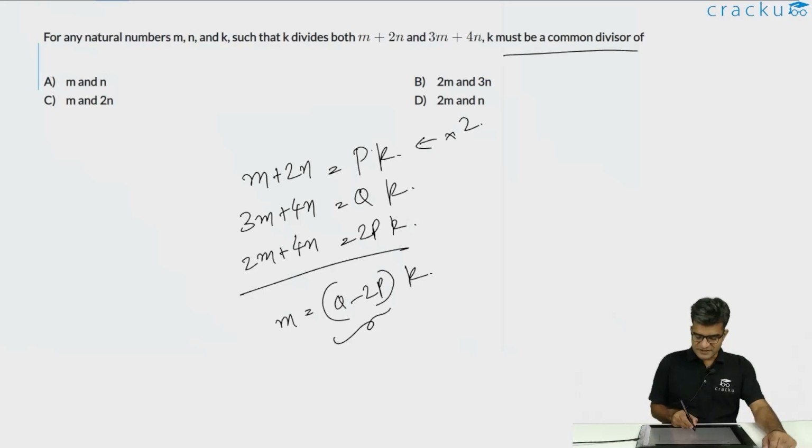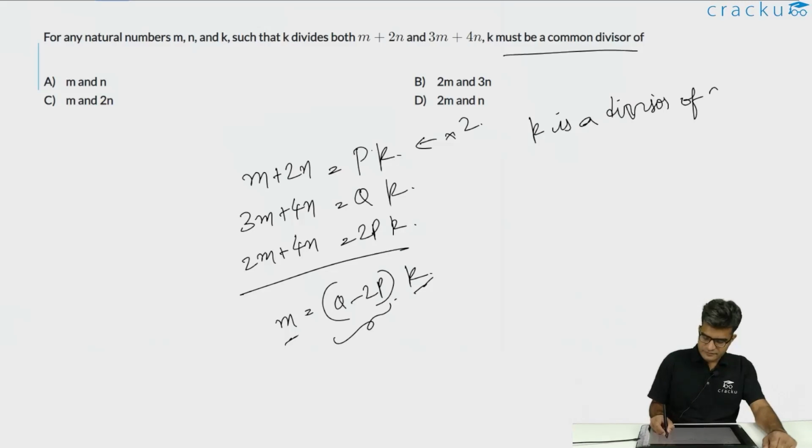q minus 2p will be some other natural number. This would imply that k has to be a divisor of m. Let us try to calculate the value of n. If you're looking at the value of n, let us multiply the first one with 3.